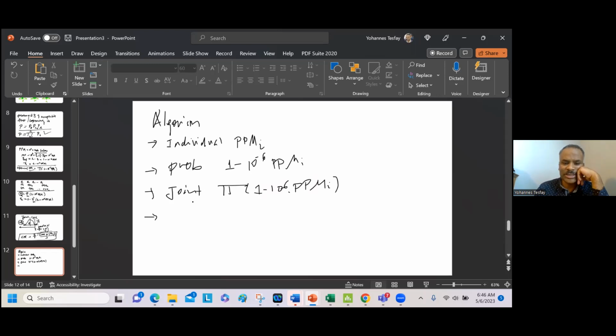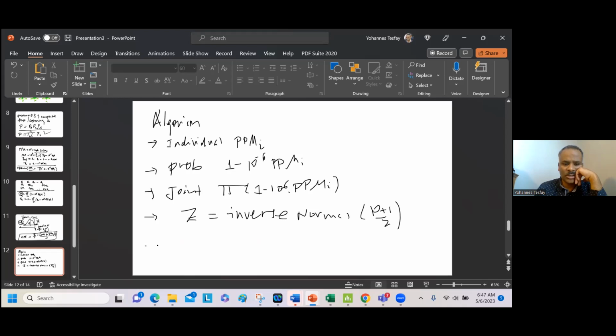Now from the joint probability, you're going to calculate Z. Z is equal to the inverse normal of, we already calculated these things, P plus 1 over 2, just like that.